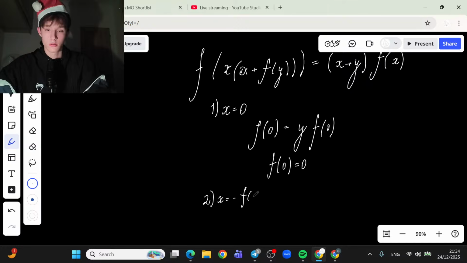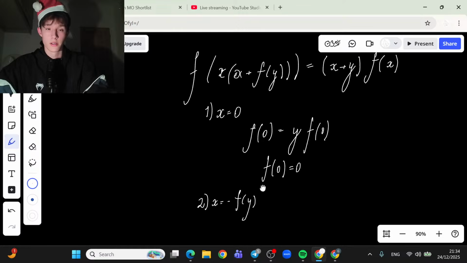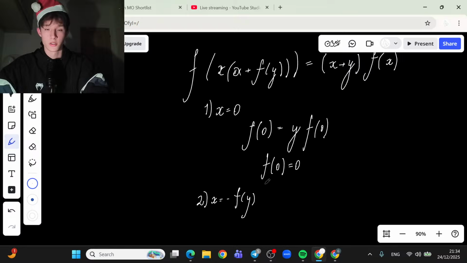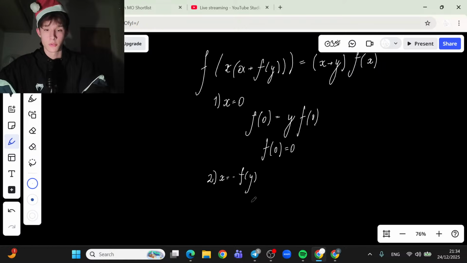If I do it like this, the motivation is that I just want to make some f equal to 0, so the left hand side just becomes this, and it's equal to y minus f of y times f of minus f of y.